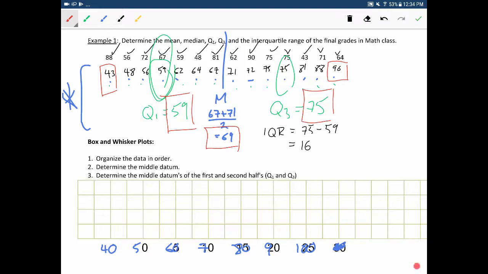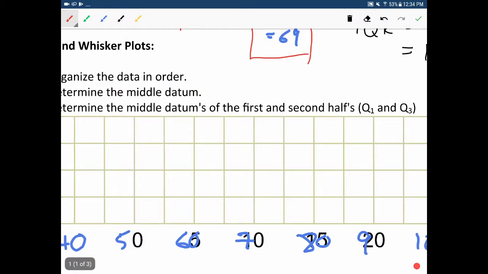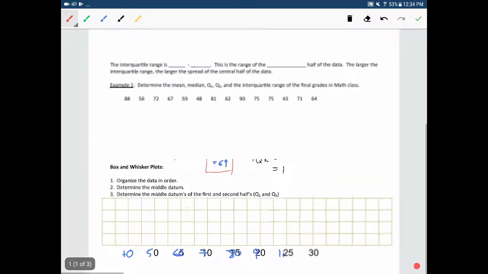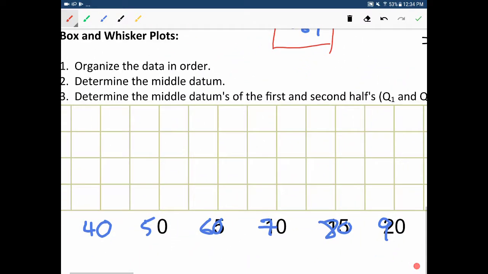And so what you're going to do is put a vertical line. This is just a one-dimensional graph, basically. We're going to use the height there just so that you can actually see it, but you're not actually doing anything with it. So the things you're going to graph: we'll start with our smallest piece of data, which was 43.